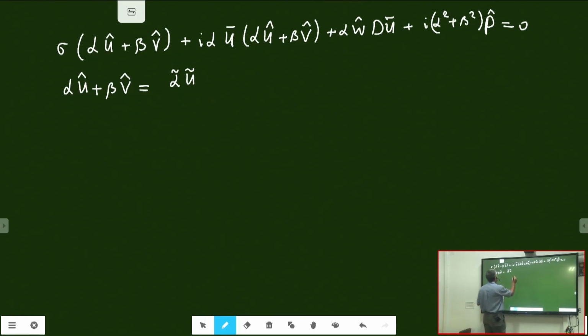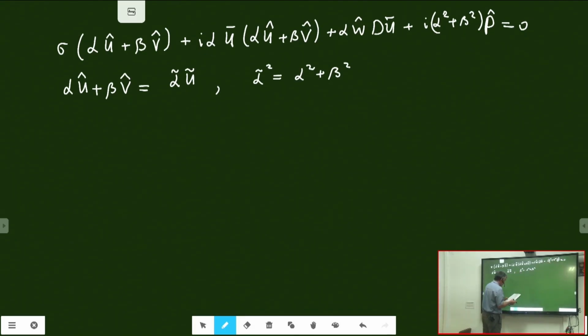But what about alpha tilde itself? Well, I will also introduce alpha tilde squared as alpha squared plus beta squared. And you can see where it is coming from. Okay?